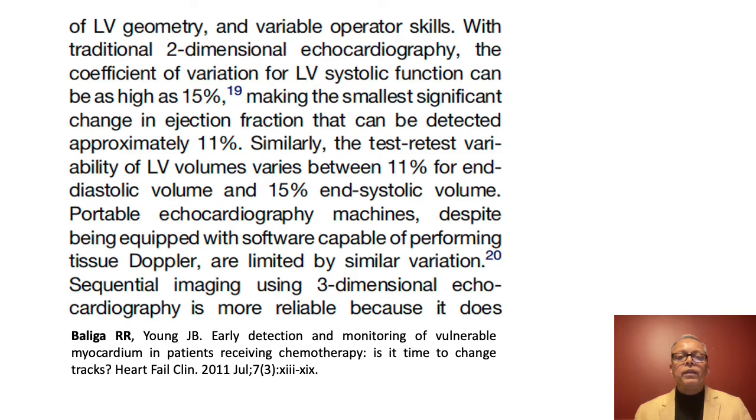Similarly, the test-retest variability of LV volumes varies between 11% for end diastolic volume and 15% for end systolic volume. Given these challenges, in our program, all our echocardiographers, especially in our chemotherapy-induced cardiotoxicity patients, will compare the echo they're reading that day with the previous echo so they can give us a realistic trajectory of the changes in ejection fraction in our patients.